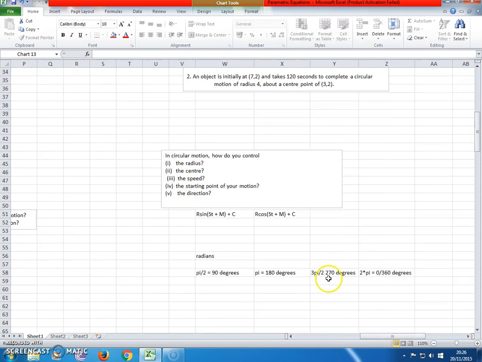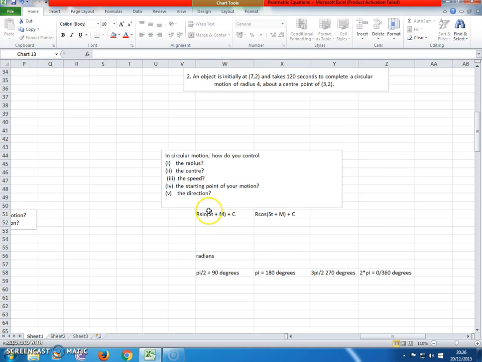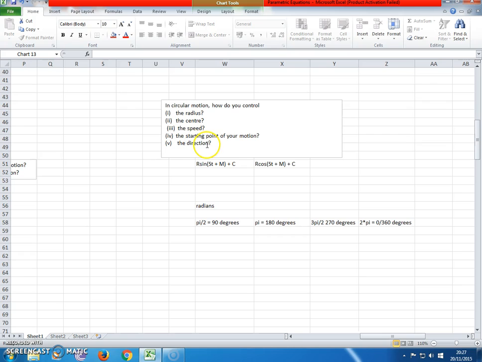Now, okay, the radius is controlled by the r in front of the sine or the cosine. The centre is defined by the position of the c here. That's added on or taken away, as in our previous examples. The speed is controlled by whatever is in front of time, and the motion point starts based on the radian that's put in here, or by sine and cosine, whichever one you put in, because one wave is 90 degrees off the other, so obviously its starting point is different.